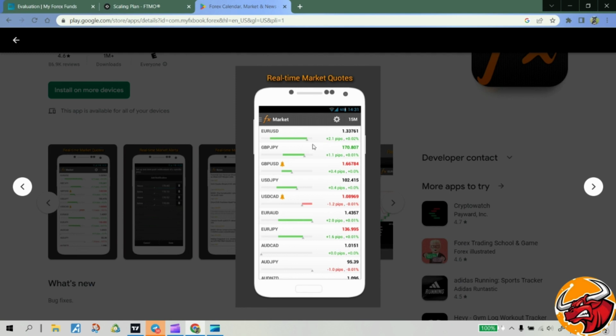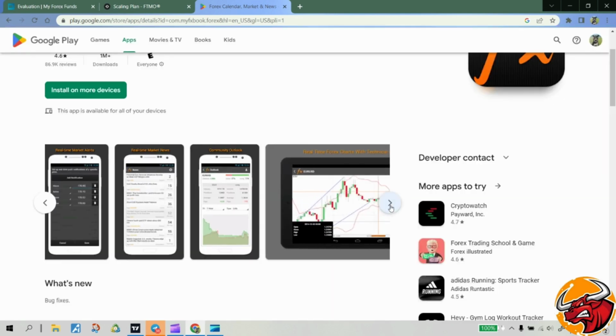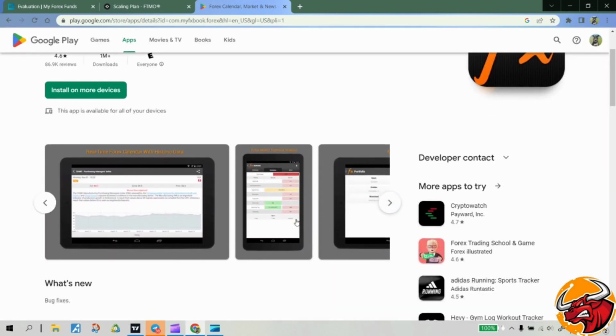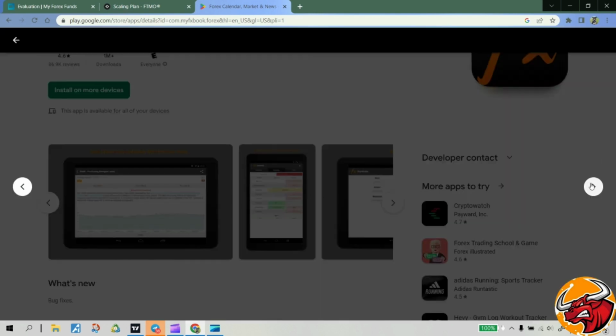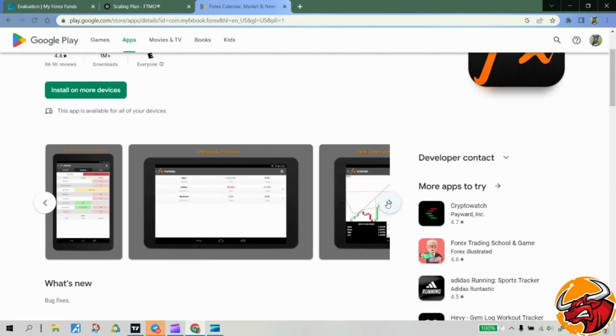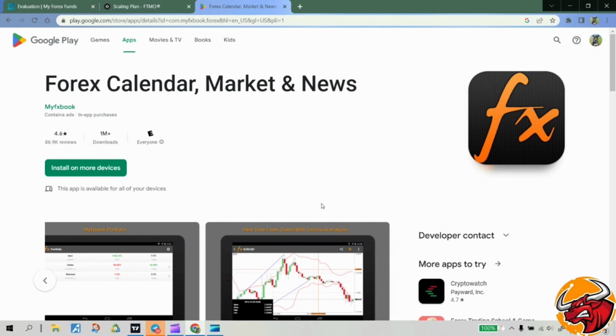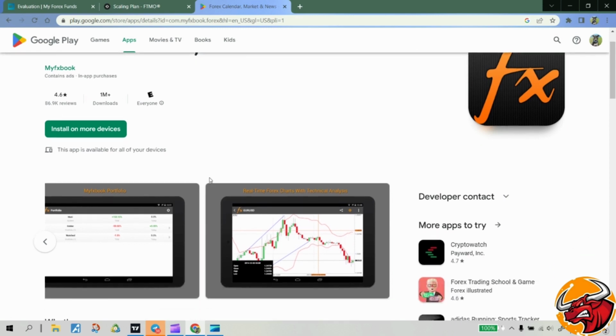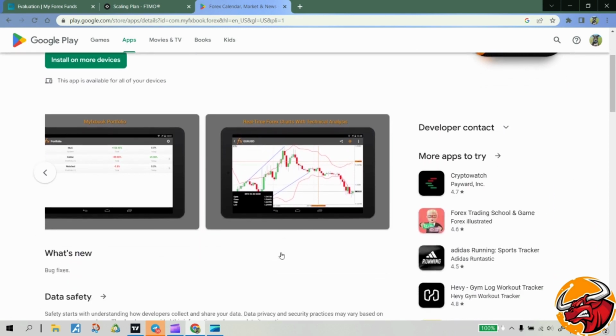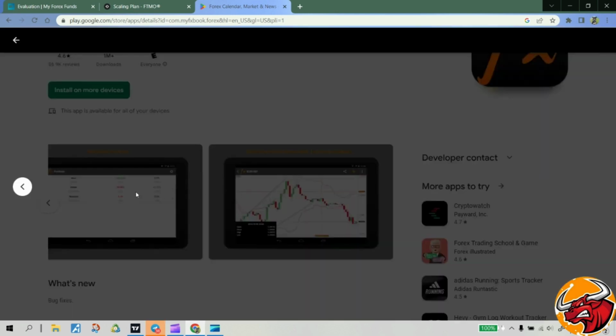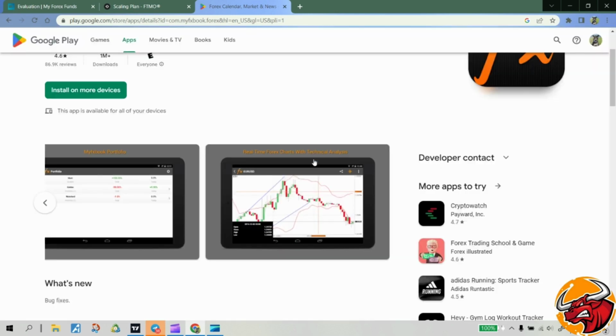Also, you can see buyers and sellers in the market. You can calculate your risk and gain on this application, so you can easily calculate which lot size you must use to risk 1% of your account.